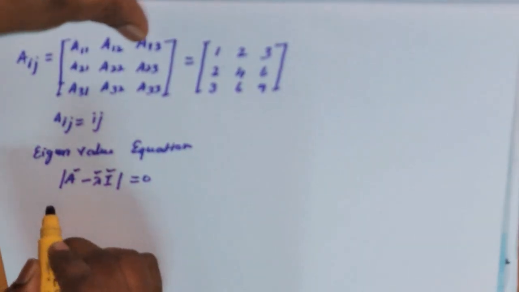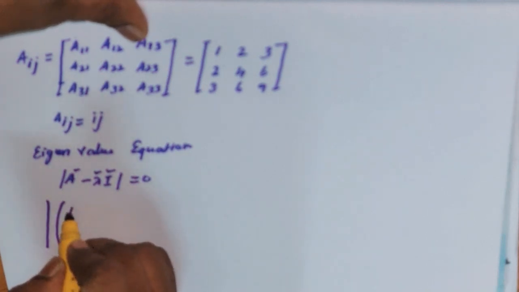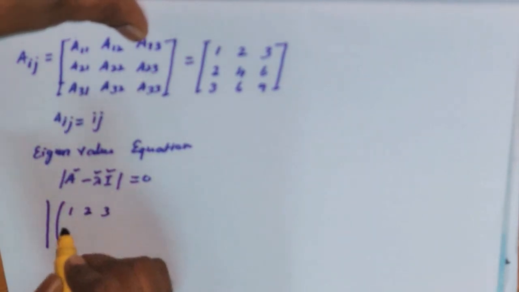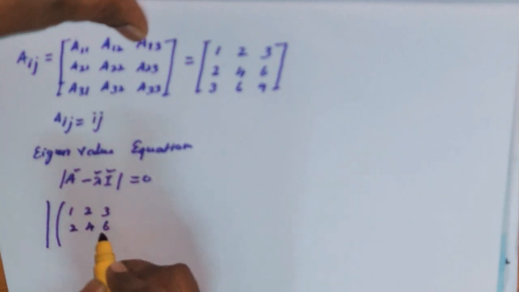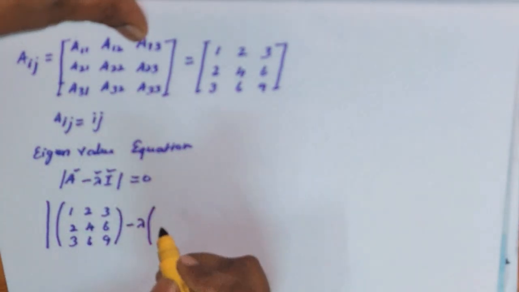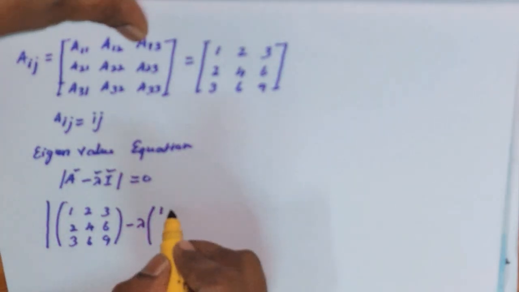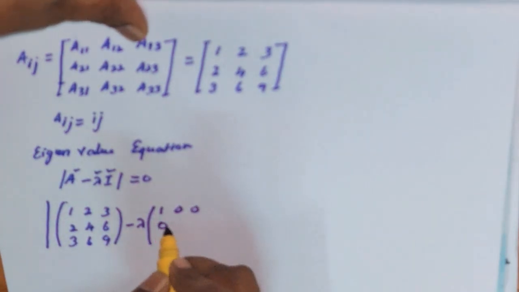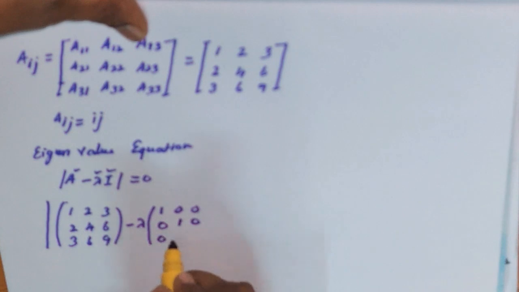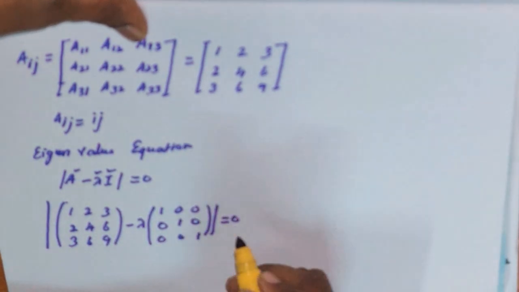So first we need to substitute the given matrix. The determinant should be there. The matrix is 1 2 3, 2 4 6, 3 6 9, minus lambda times the unit matrix. The unit matrix should be a 3 cross 3 matrix: 1 0 0, 0 1 0, 0 0 1. This determinant goes to 0.